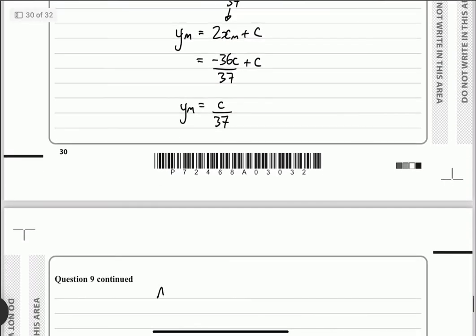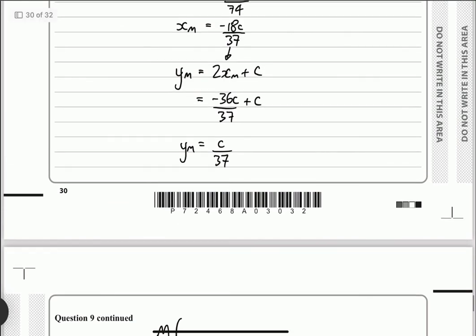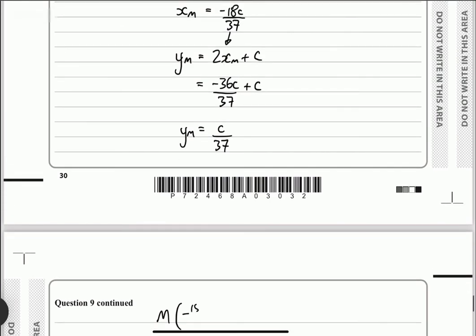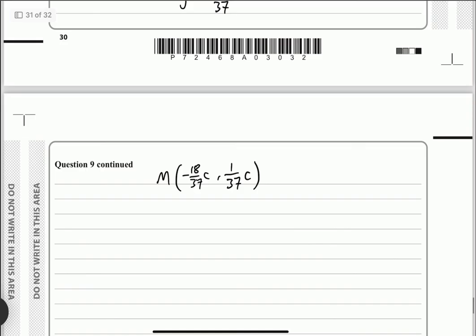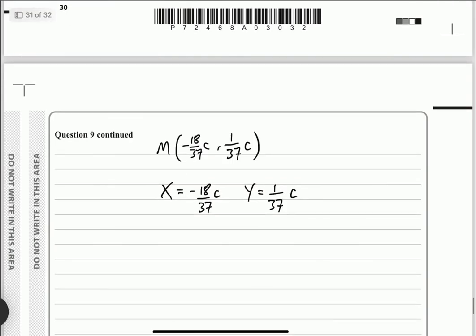So my coordinates of M, depending on c, minus 18 over 37 lots of c, and 1 over 37 lots of c. Now if I call this capital X, just to distinguish it from x's previously in the question, capital Y, then we can see that there's a very obvious connection between these two. X is just minus 18 times Y.